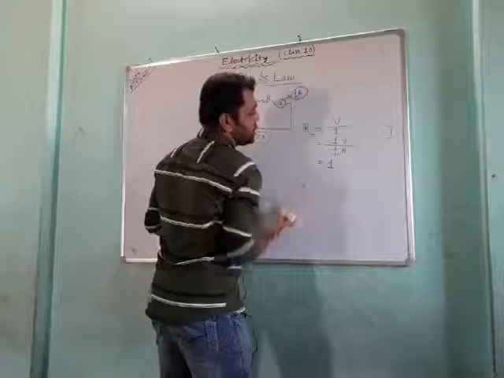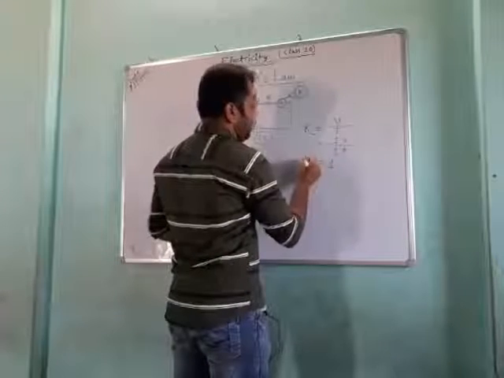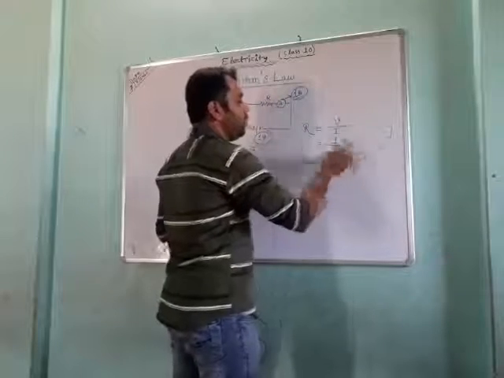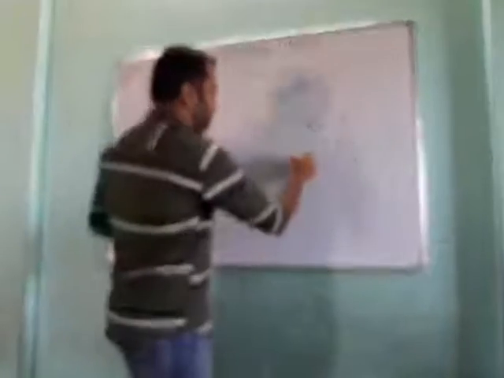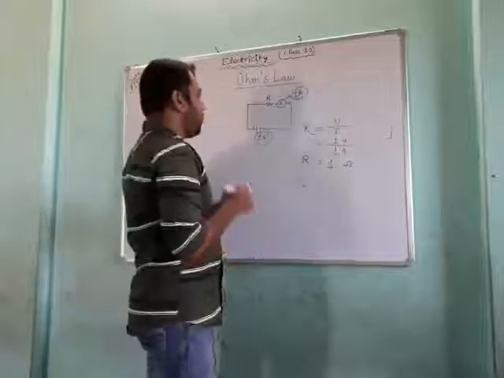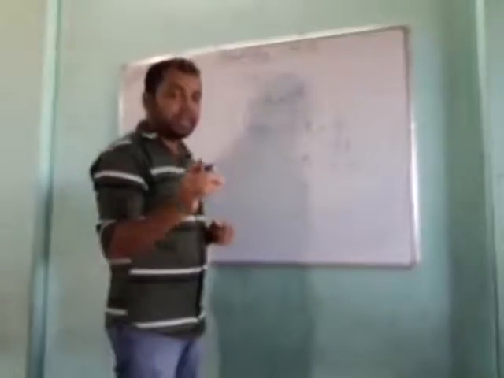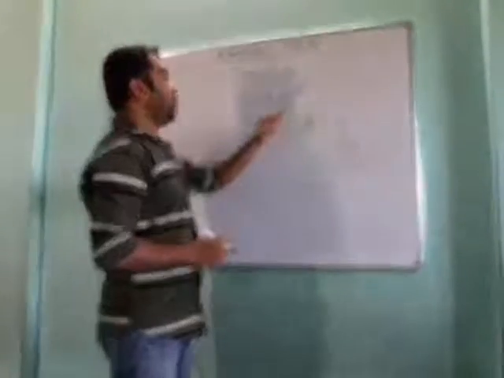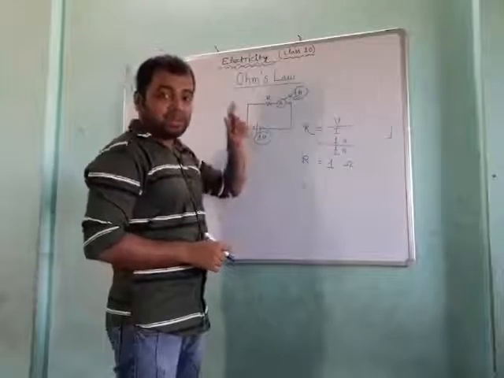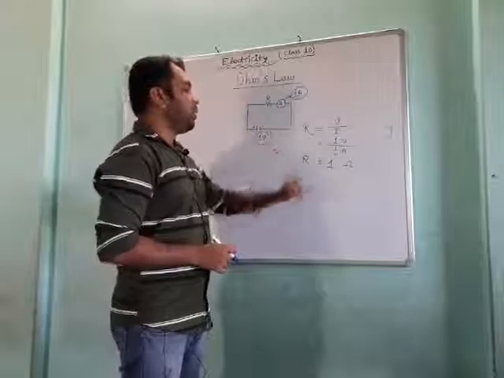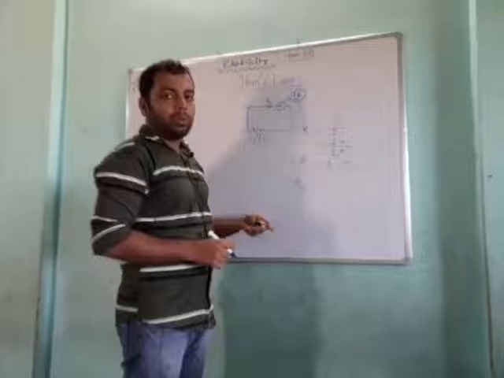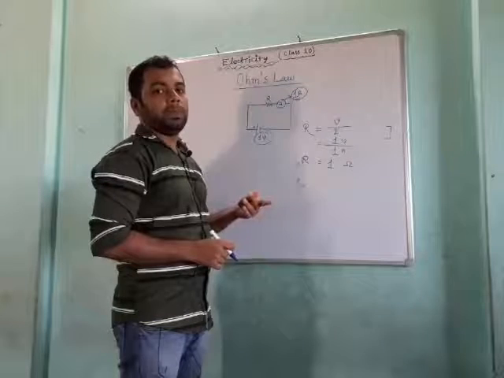So 1 by 1, and the unit of resistance we know is ohm. So V by A will be ohm. In this way we can define 1 ohm resistance. If 1 volt potential difference is applied in a circuit and we get 1 ampere current, then the resistance of this circuit has to be 1 ohm. That's how we can define 1 ohm resistance.